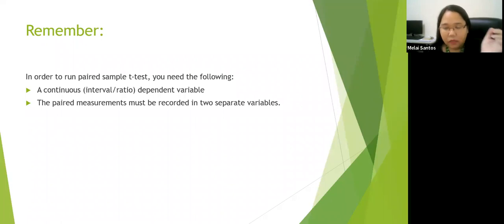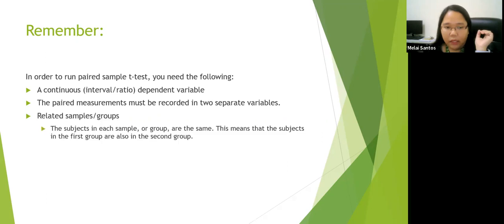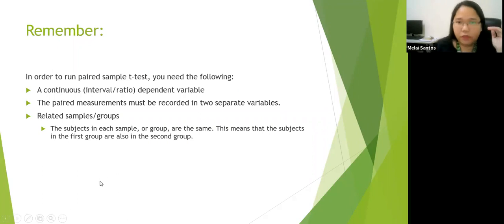And then related samples or groups, the subjects in each sample or group are the same. This means that the subjects are also the same in the first group and second group. Section 1, all the people in section 1 and all the people in section 2, because you want to check if there is a significant difference in their scores. Let's think of it like that. Why am I not seeing this?